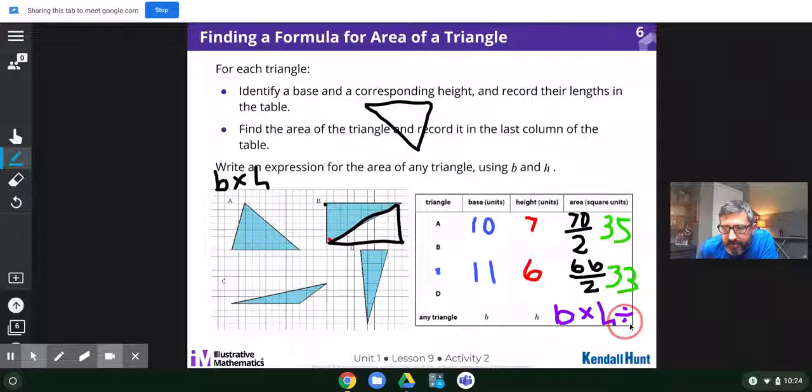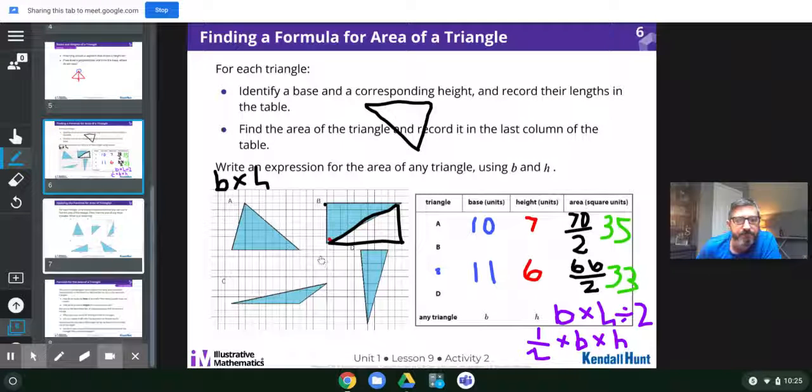Or another way to write that is 1/2 times base times height. Okay? So when we're using a calculator, this first one, base times height divided by 2, will probably be a little easier for you to use on a calculator. Okay.